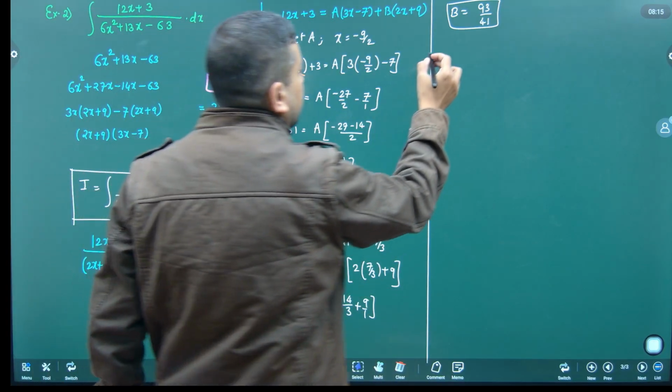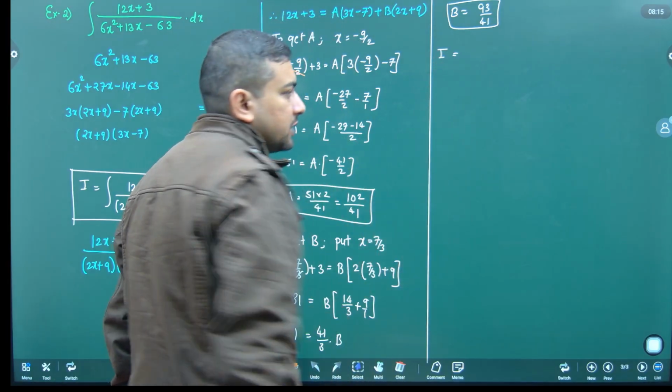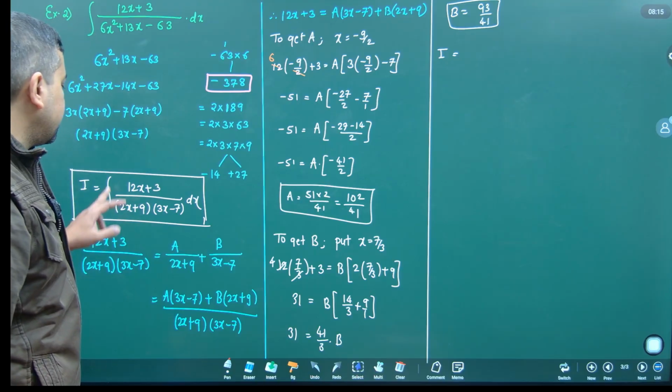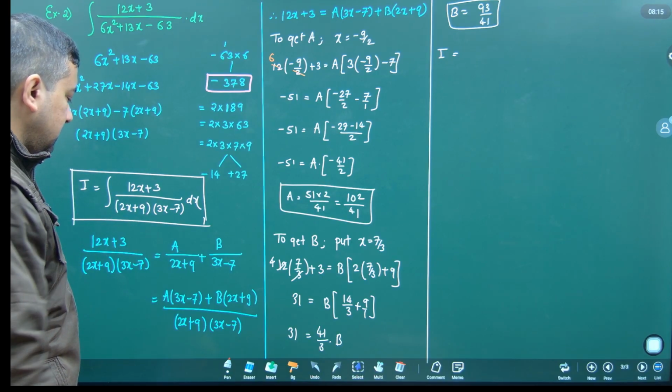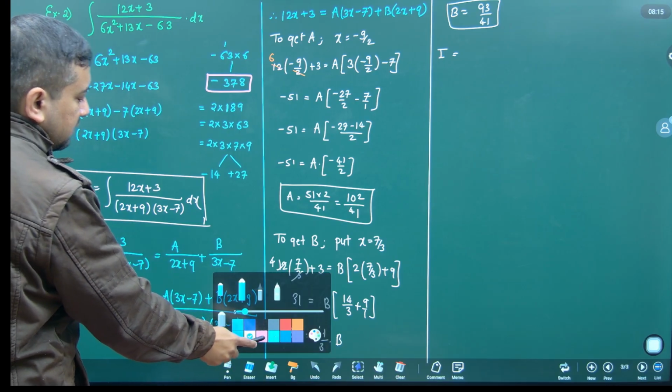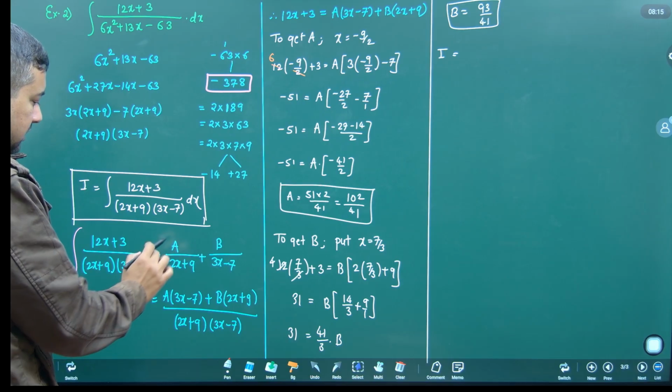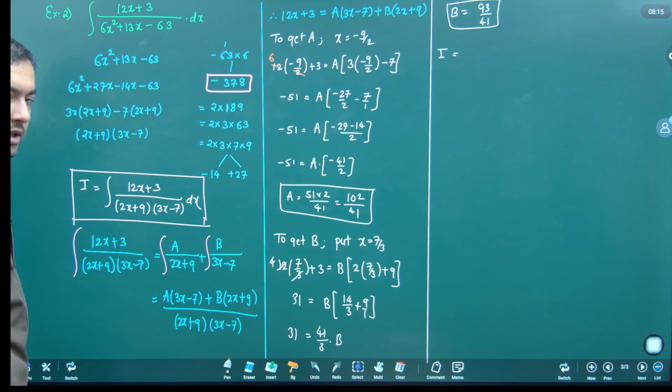So the integral I will be equal to, right? You have to find the integral of this. Finding the integral of this is nothing but finding the integral of this, correct?